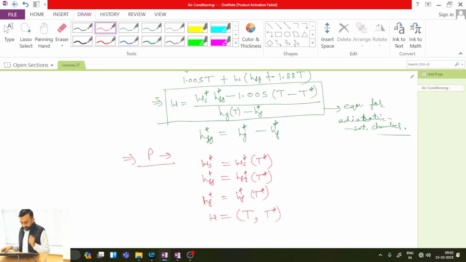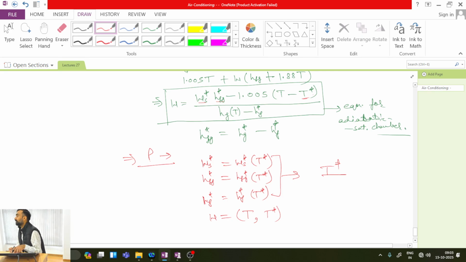So it simply means that in this equation, Ws star, Hfg star and Hf star are values which depend upon T star only. So from this equation you cannot explicitly calculate the value of T star. You need to make a guess for T star, and corresponding to that guess, calculate all these values.